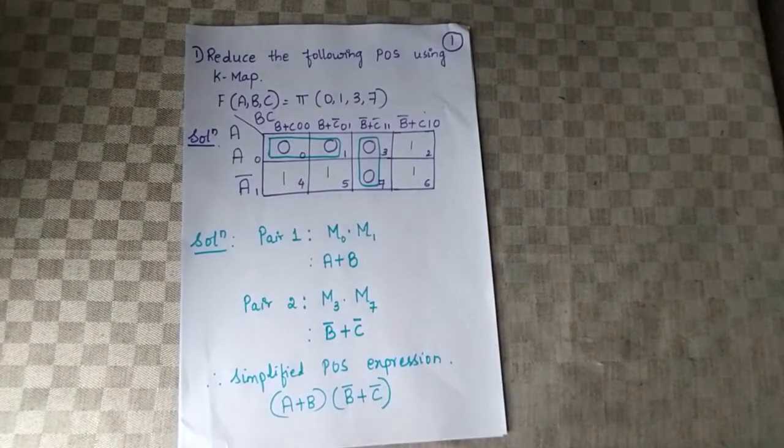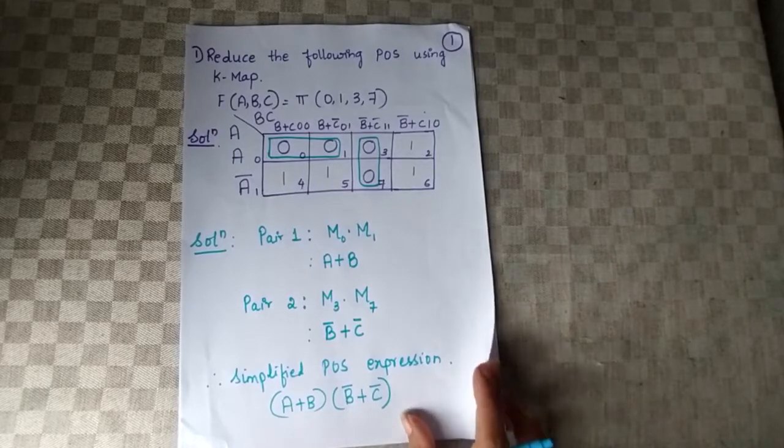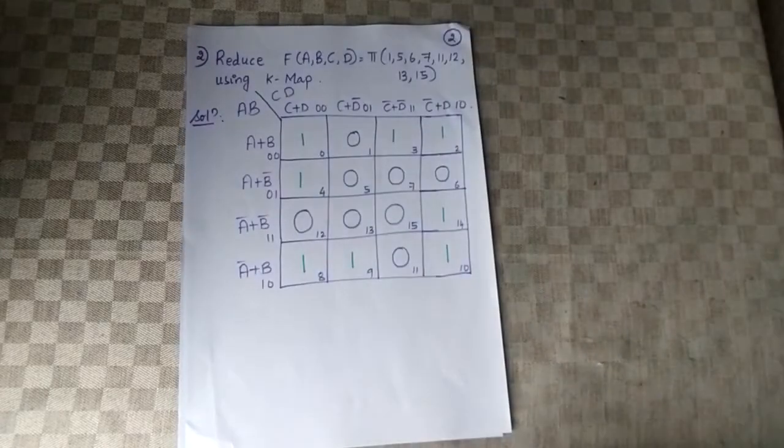So I hope you are clear. When it comes to product of sum form, we have to go for grouping of zeros, and if a variable is holding 0, it should be the original variable itself. If the variable is holding 1, then it should be the complemented form of it. Okay. So now let us go for the next example.